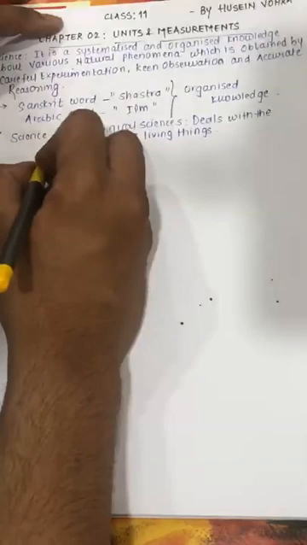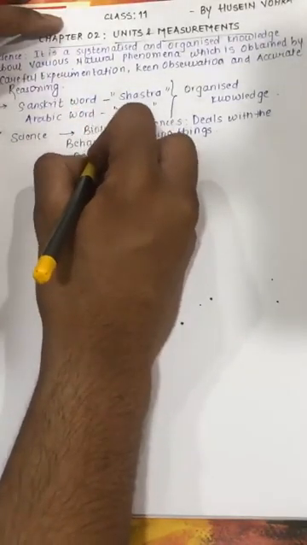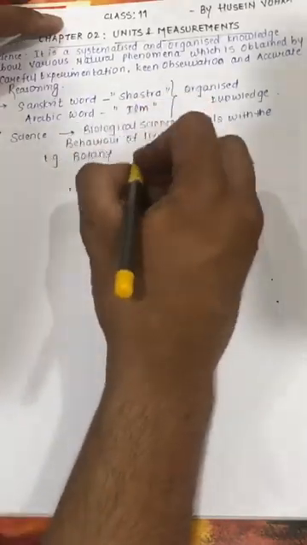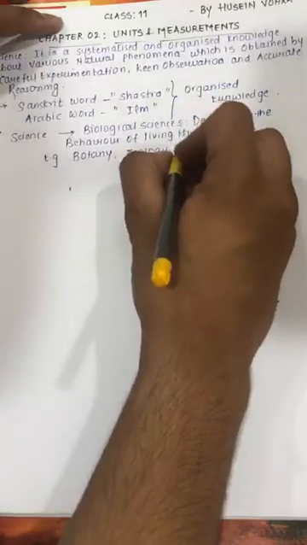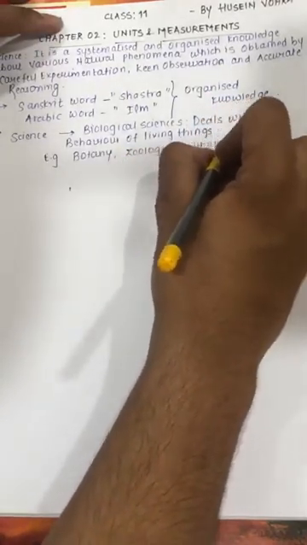Various branches of biological sciences are botany, that everybody knows, related to plants, zoology, ornithology related to birds, organic sciences, etc.